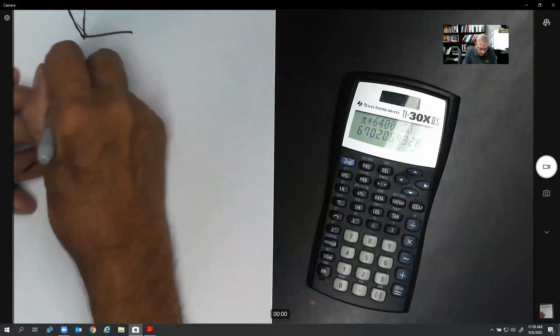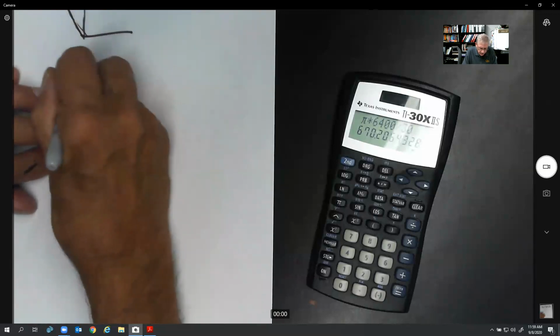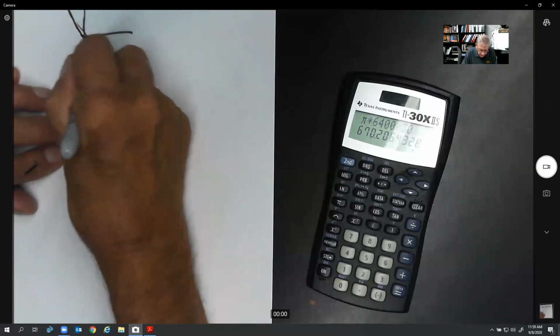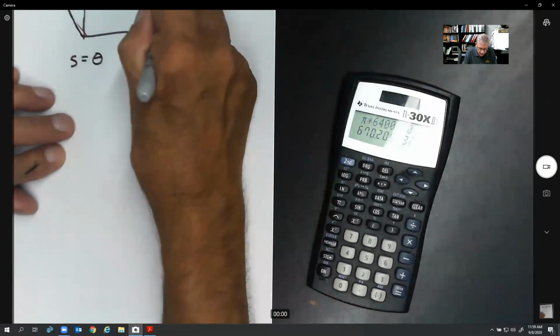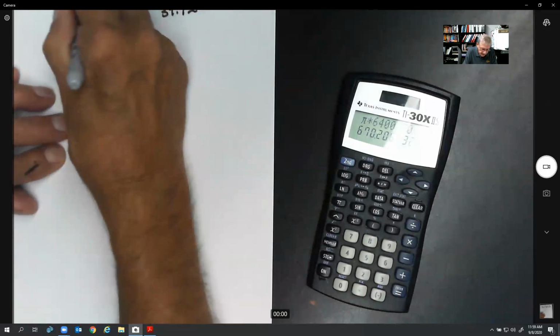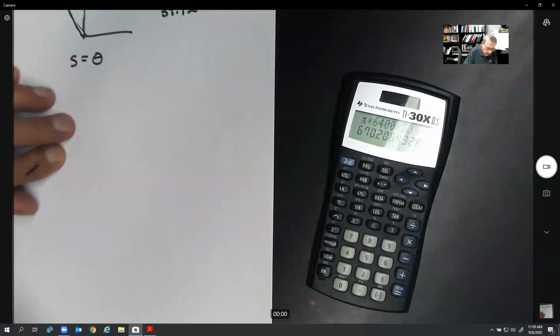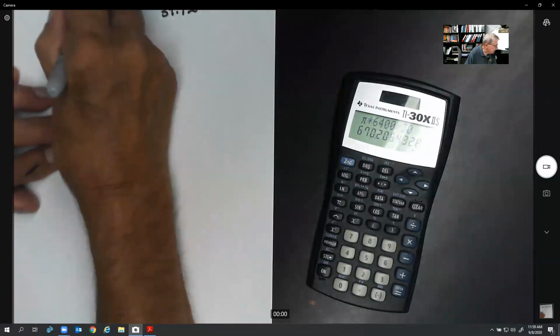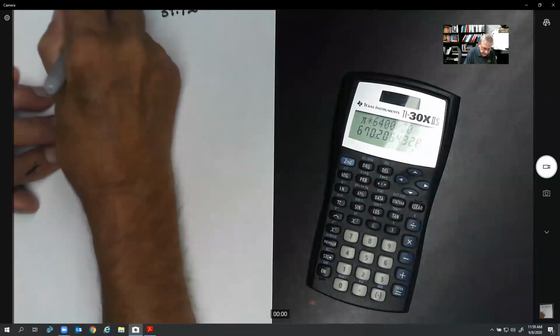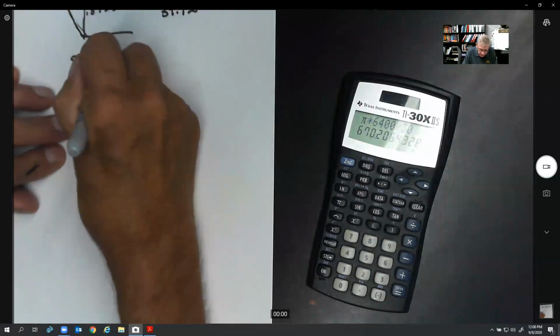So the sector, the distance S, is equal to theta, which unfortunately is in degrees, so we've got to change that to radians. And then what is the radius of this? The radius is going to be 0.8725.